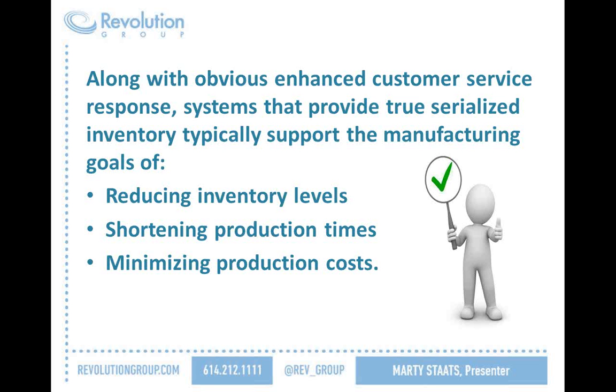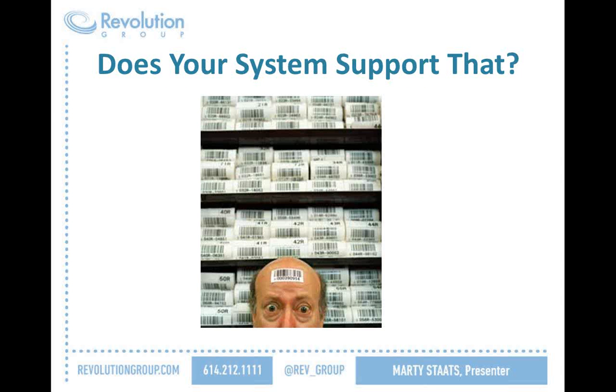Also, you would have other benefits that are typically associated with manufacturing goals, and those would be reducing inventory levels within your facility, maybe shortening your production lead times and production timing through your facility, and also minimizing your production costs. So if you can think about having accurate inventory information on your shop floor, obviously that's going to allow you to streamline your operations and again gain the cost benefits of doing so.